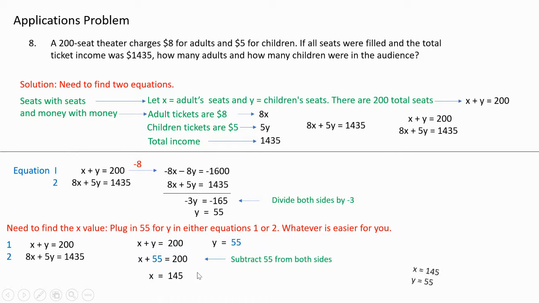So what's my answer? x equals 145 and y equals 55. x represents the adults and y represents the children. So there are 145 adults in the theater, and only 55 children accompanying them. So this is how you work these problems in a real-life situation. This is only one example.